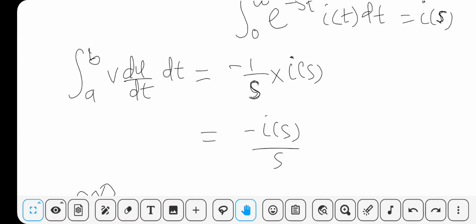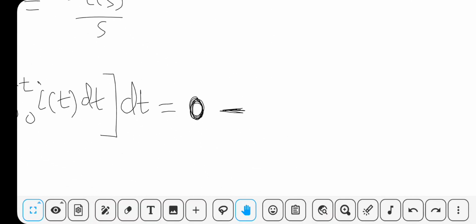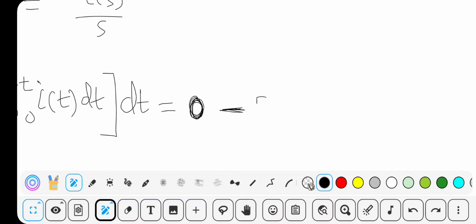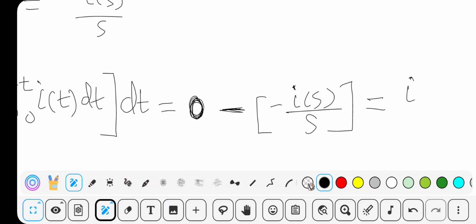And then from this other term, we have minus again, minus I(s) over s. So now this will give you I(s) all over s. And this is the solution to this question.